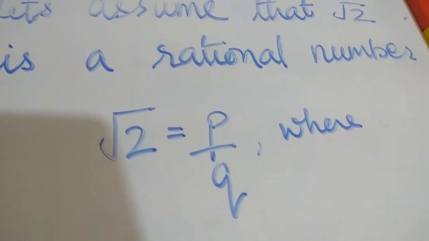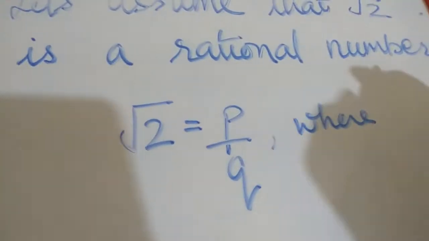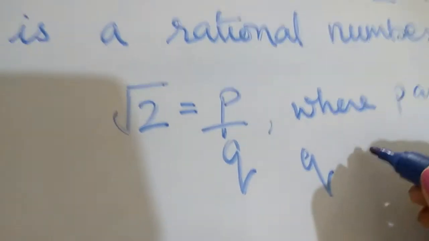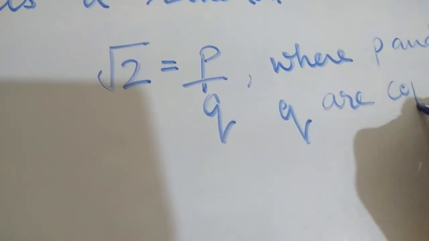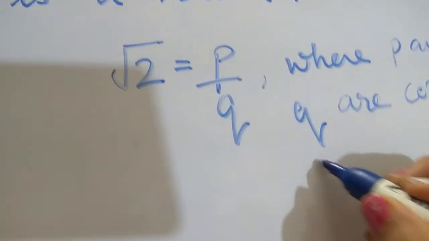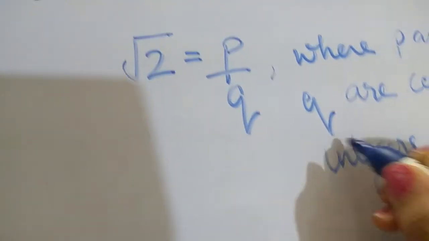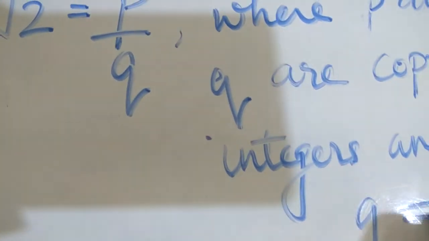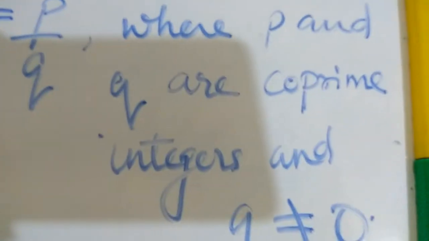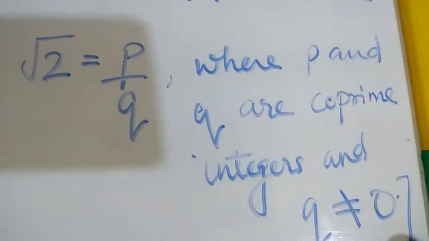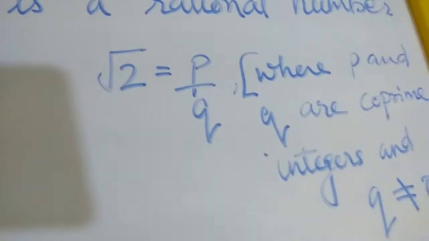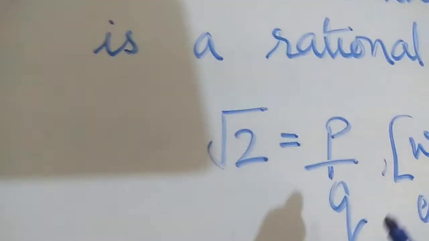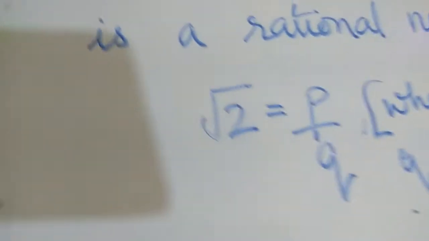But here we will take one important thing, that p and q are co-prime integers, and q is not equal to 0. This is a very important condition that we have to take. Co-prime means p and q will have no common factors. That is, nothing can be cancelled or simplified further.